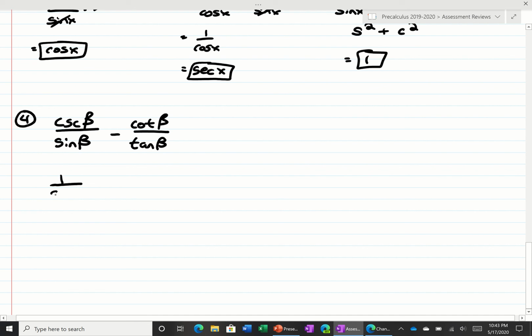So we have 1 over sine divided by sine minus cotangent, which is cosine over sine, divided by sine over cosine. Keep change flip.